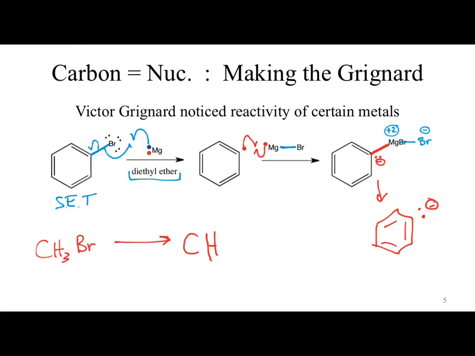The magnesium inserts itself between the bromine and the carbon, and in the process, it shuttles the 2 electrons it's got to the carbon, so we can equate this to being CH3 minus and our MgBr, overall positive. Okay? Nothing about the mechanism changes, nothing about the reaction changes. All we're trying to do is make that carbon negative.